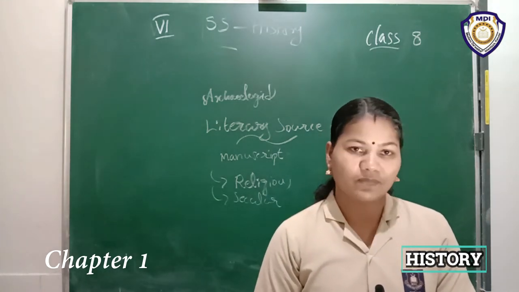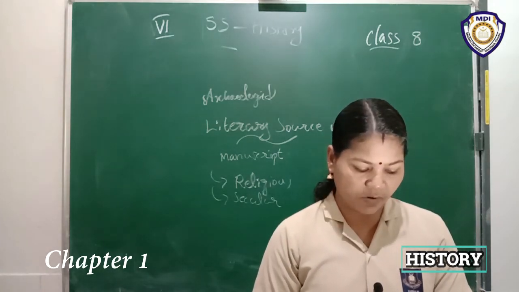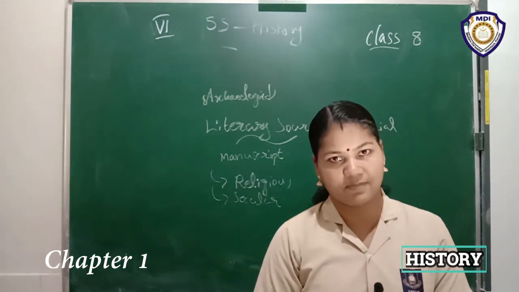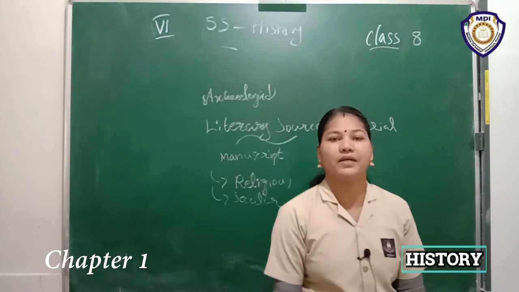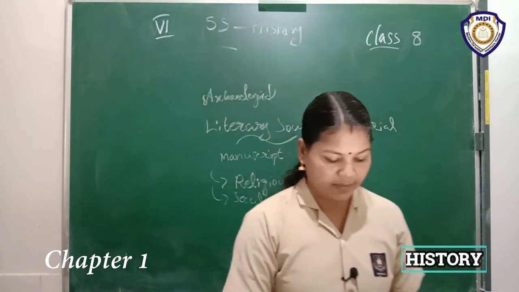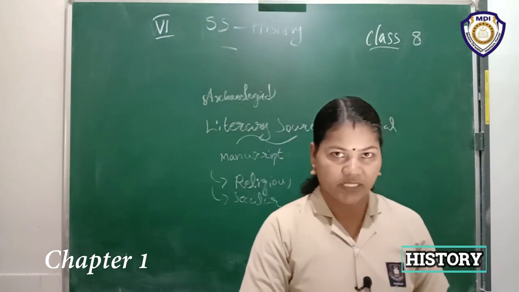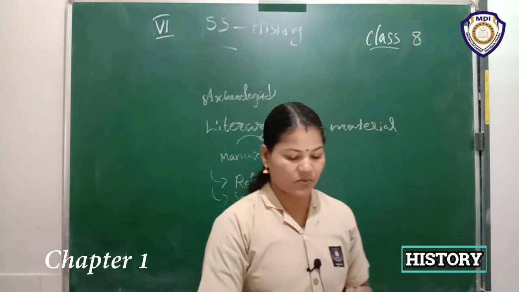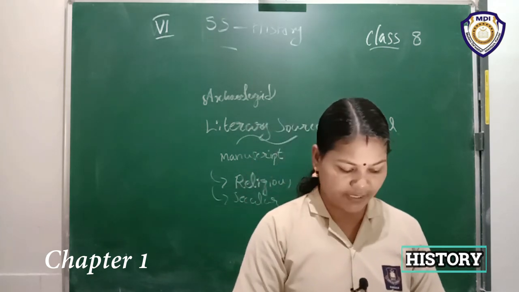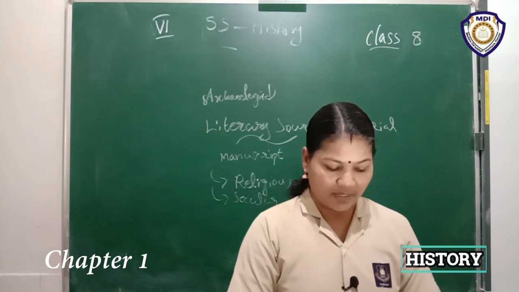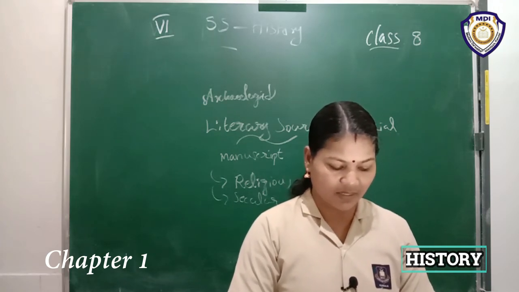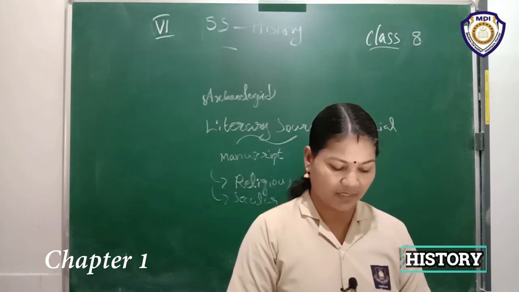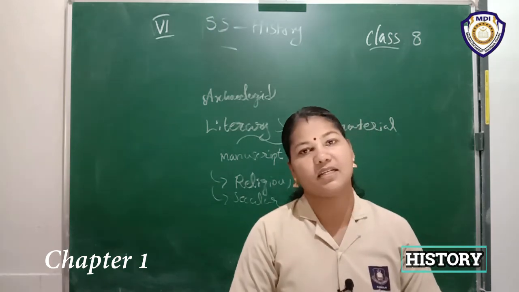Secular literature includes poetry, drama, accounts of foreign travelers and works on science, grammar and politics. Please underline that. What is included in secular literature? Some examples of secular literature are Kautilya's Arthashastra on the theory of administration and Kalidasa's famous play Abhijnana Shakuntala.